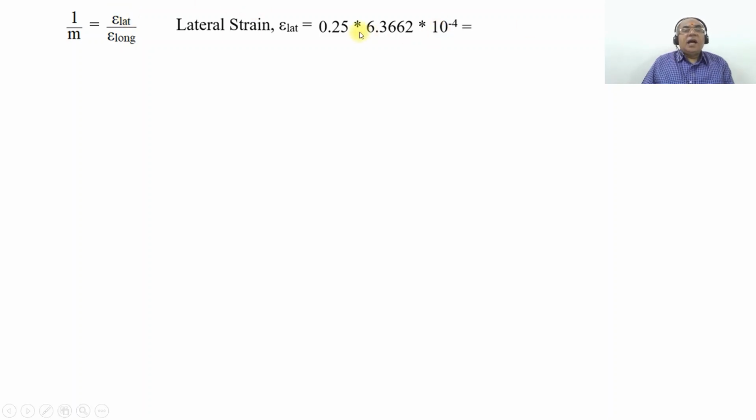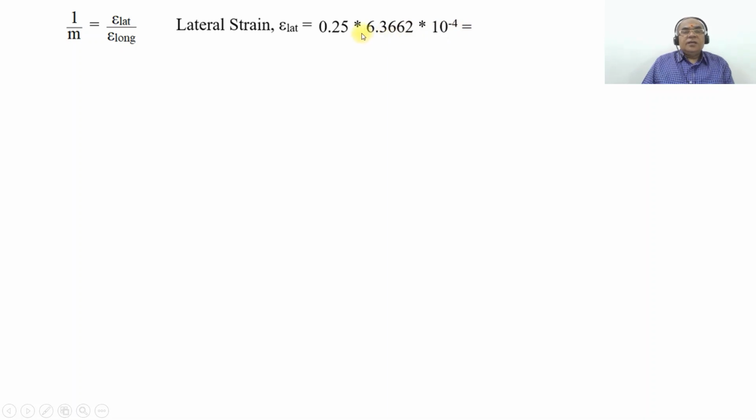Now we need to find the lateral strain. We know that Poisson's ratio is the ratio of lateral strain to the longitudinal strain. We know 1 by m and the longitudinal strain, so epsilon lateral equals 1 by m into longitudinal strain. 1 by m is 0.25, and the longitudinal strain is 6.3662 into 10 to the power of minus 4.